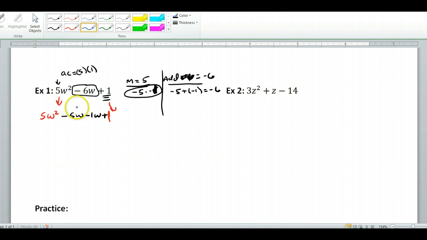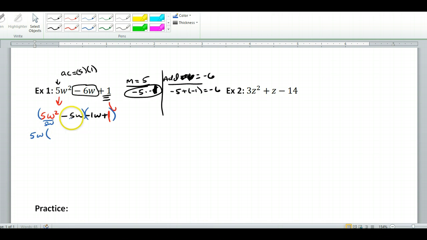Well, the last step is to factor by grouping. So, greatest common factor between these two terms, 5 and 5, greatest common factor 5. You have w squared and w, you can pull out a w.